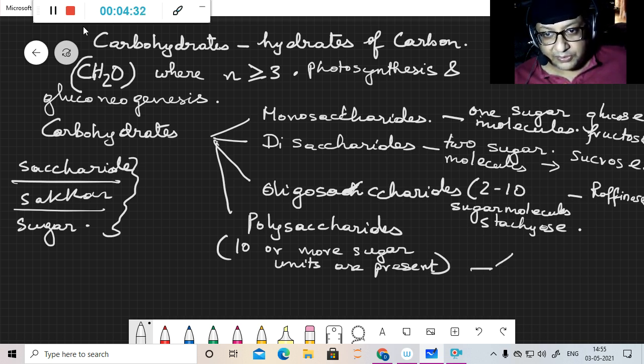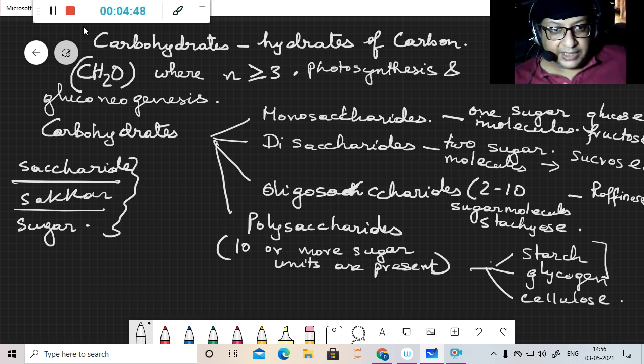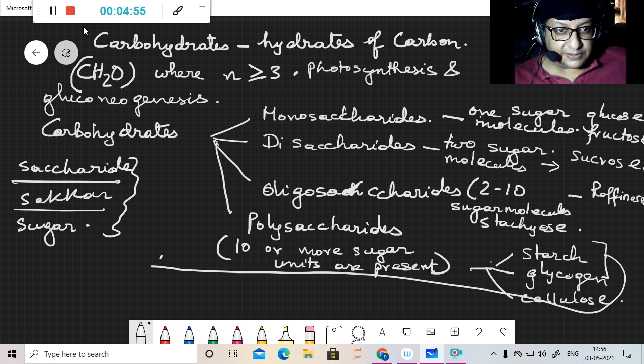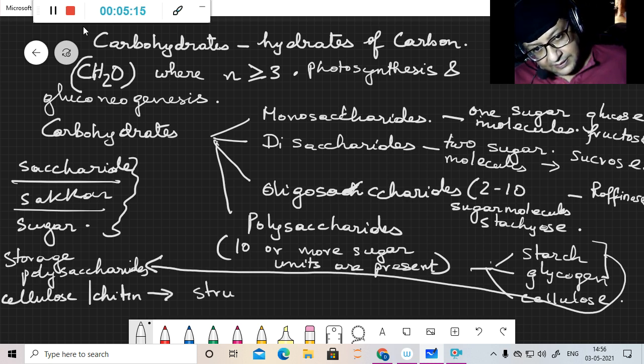Examples: starch, glycogen, cellulose. Starch and glycogen are also known as storage polysaccharides, and cellulose or chitin are structural polysaccharides.